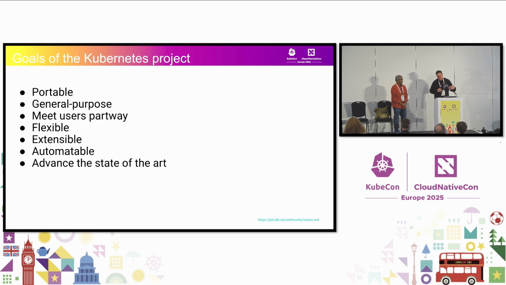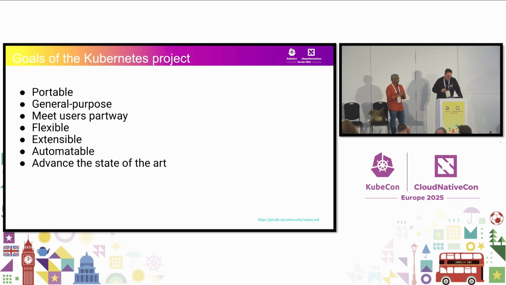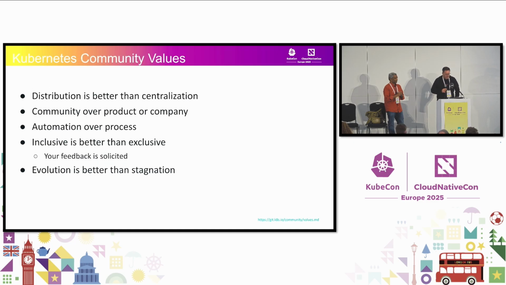There are other SIGs that also do this, but we focus on the technical architectural goals of the project. So portability, general purpose, although these days we're also extremely focused on helping Kubernetes be more effective for AI/ML workloads. But essentially, that comes in the flexibility and extensibility aspects of Kubernetes. So these are some of the goals.